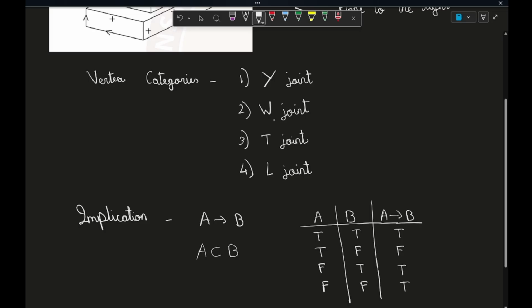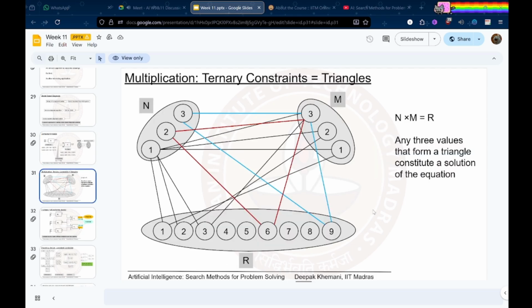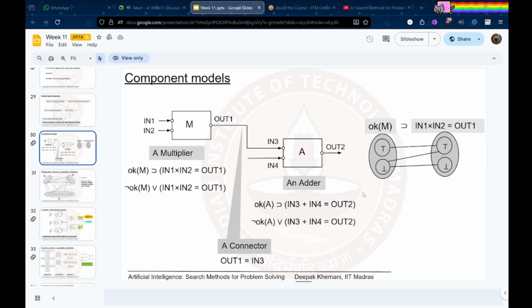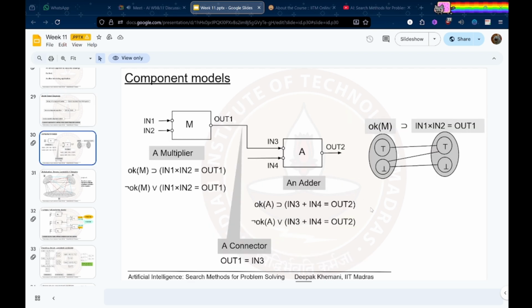Okay, yeah. Sorry, not the subset symbol. This, that if A, then B. I'm not too confident going over this. If anyone else knows, maybe we can go over model-based diagnosis, but if not, then we can just skip it.